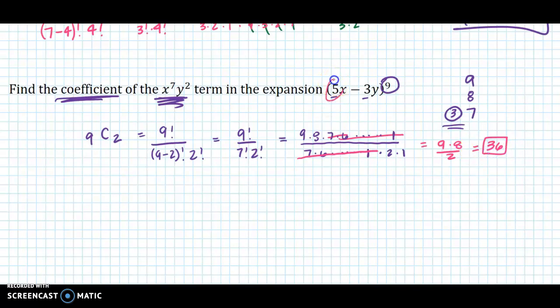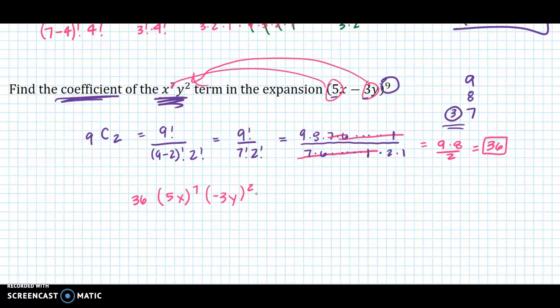So you have this. That's important. Now you need to keep in mind the 5 and the negative 3. So in reality, the 5 and the negative 3 would correspond with the 7 and the 2. So it would be 36, 5x to the 7th times negative 3y squared. And so now we just need to calculate your coefficients. We know that 3 squared is 9.